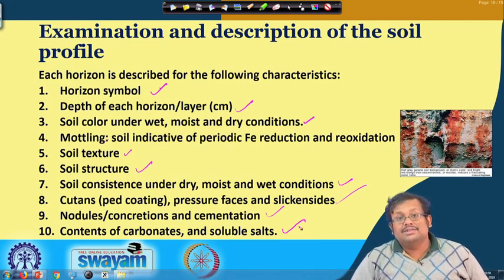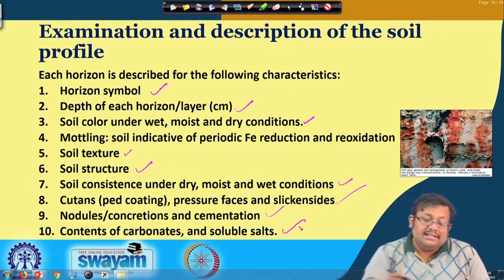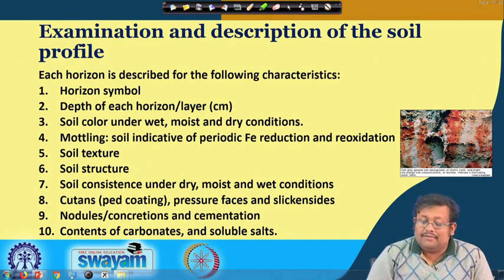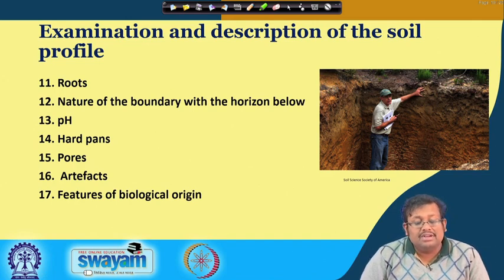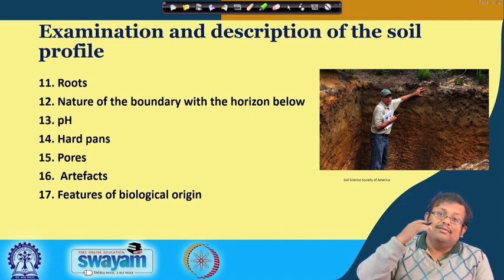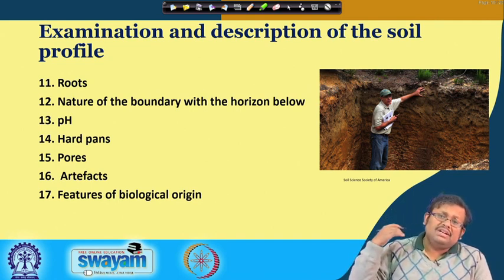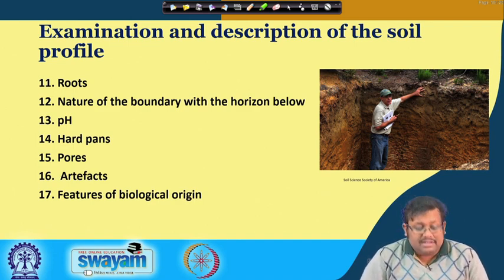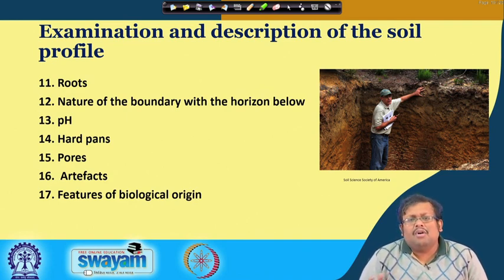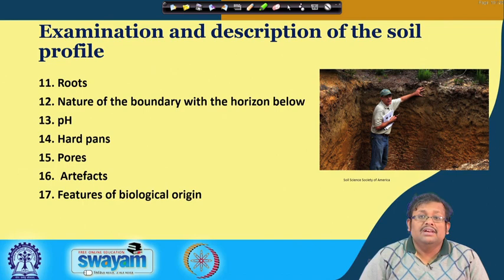So, these types of features we are also looking for while describing the individual soil for ground truthing, and also whether there is a presence of roots, what is the nature of the boundary with the horizon below, what the pH is, and whether there is a formation of hardpans. Hardpans are generally formed due to heavy implements as well as other practices. Then pores, what is the percentage of pores, then is there presence of artifacts, and then features of biological origin. All these are taken into account while describing any particular soil profile.